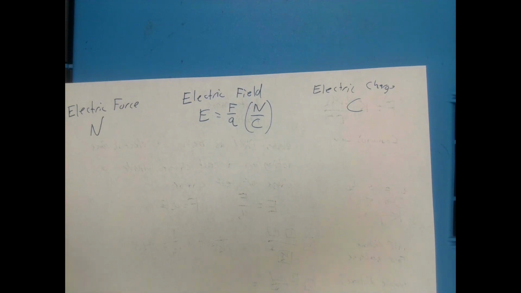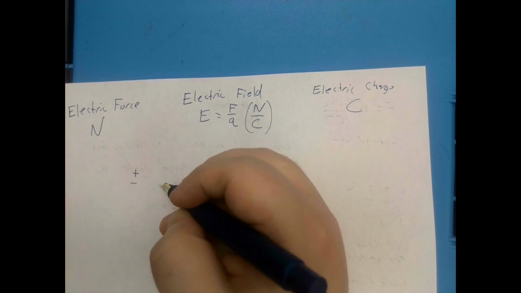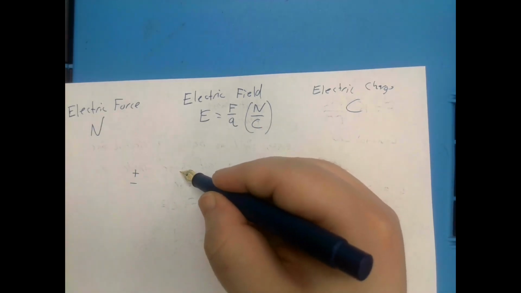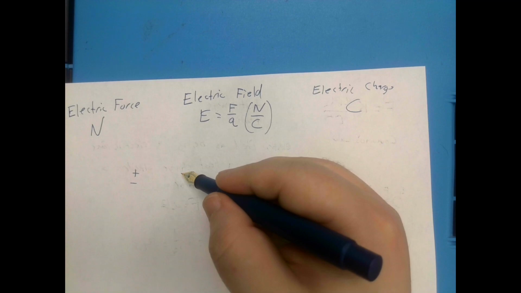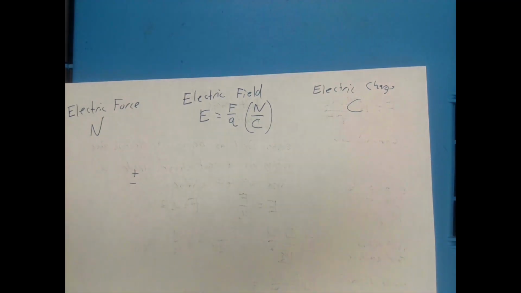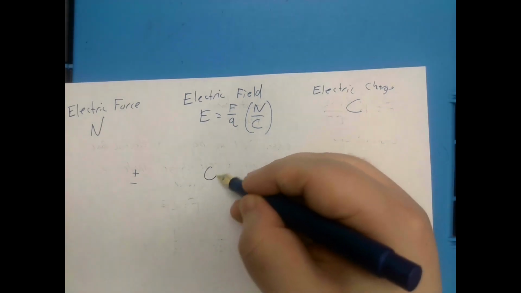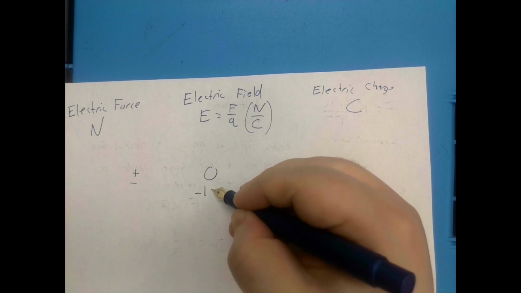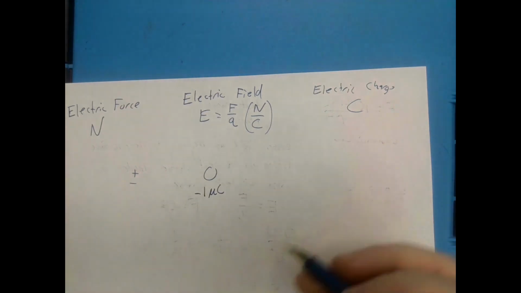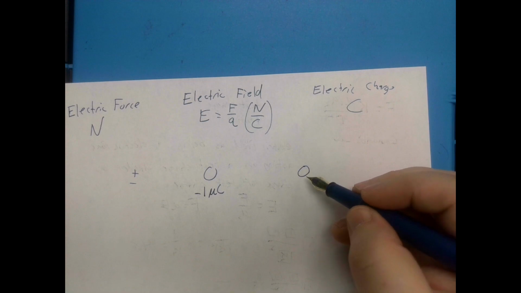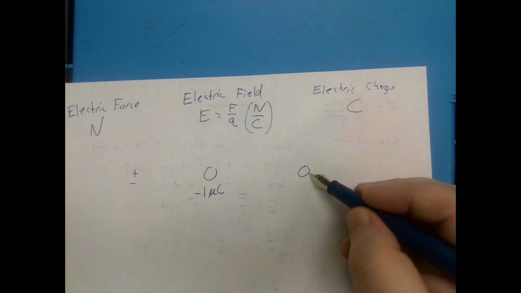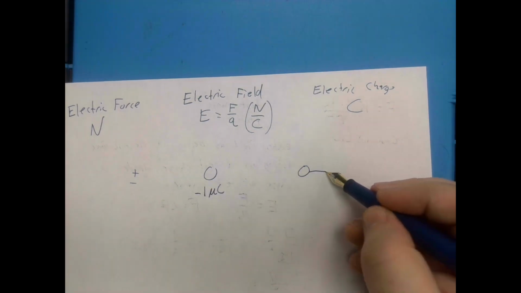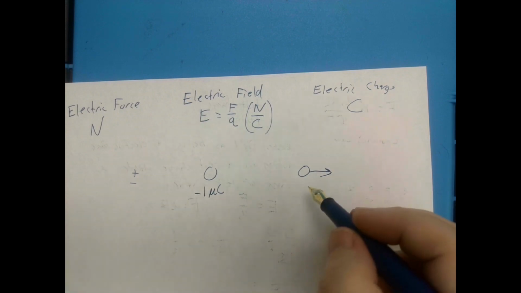So even though you shouldn't use the plus or minus sign in the equation, you should specify the charge as being positive or negative. So if we have a charge that has a strength of -1 microcoulombs, and it exerts a repulsive force on this particle here, meaning it's going to push it away, is this going to be positive or negative?